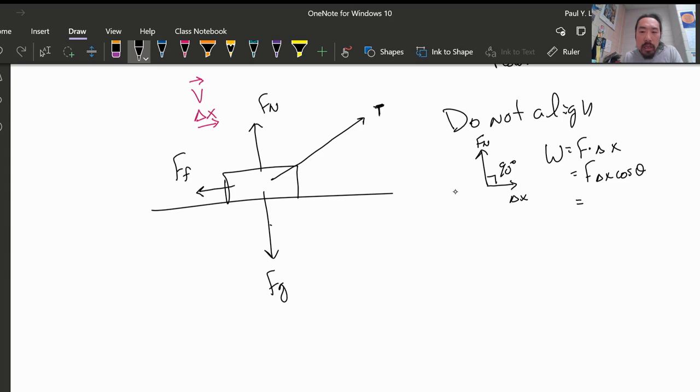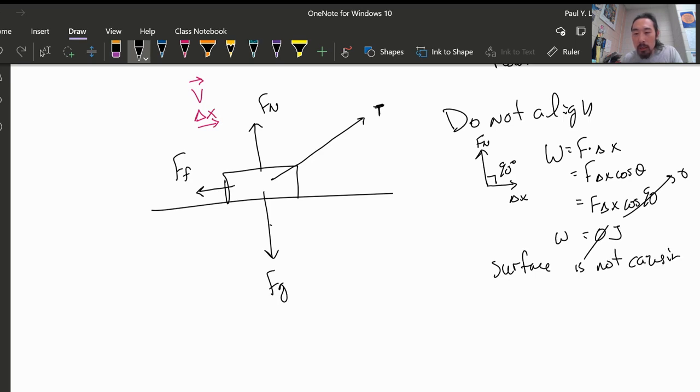Cosine of 90 gives us 0. So what this tells us is that our normal force does 0 joules of work, meaning that this surface is not causing a change of energy.